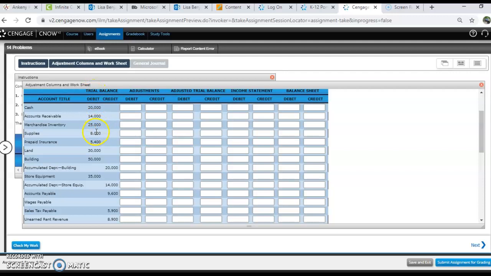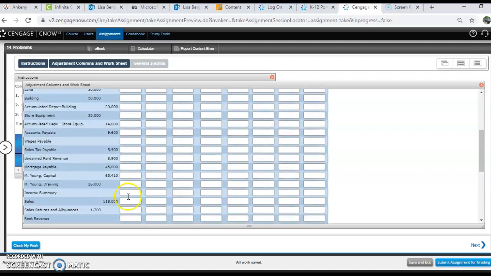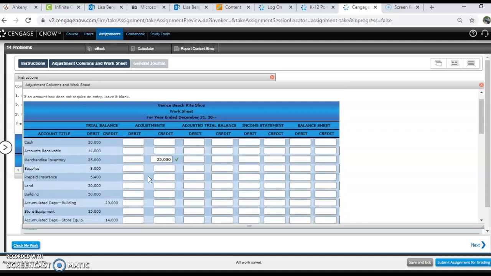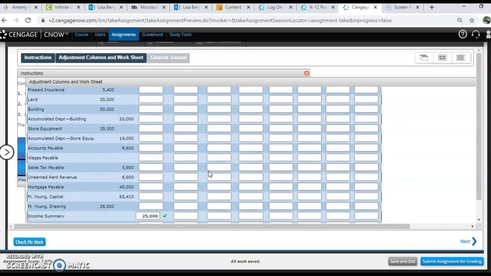Since this is a debit, I'm going to credit merchandise inventory for the $25,000, and I'm going to debit income summary. Income summary is just a clearinghouse account that we're using. And so now I have my adjustment to remove the beginning inventory. I've got my debit and my credit right there.